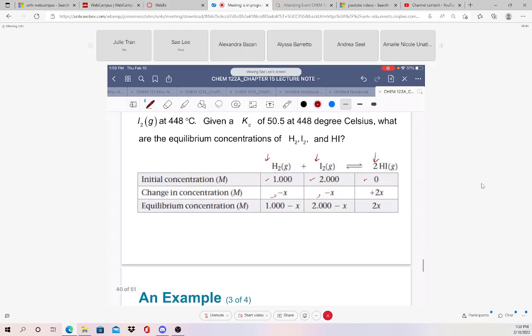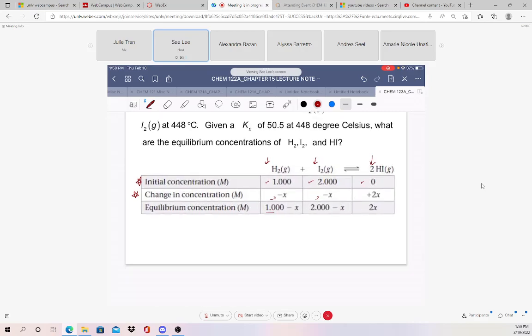The second step is filling up the section for the equilibrium concentration. Again, equilibrium concentration is basically a later concentration. So to calculate the equilibrium concentration, you take the initial concentration and apply the change in concentration that occurred. So it will be initial concentration 1, apply the negative x.